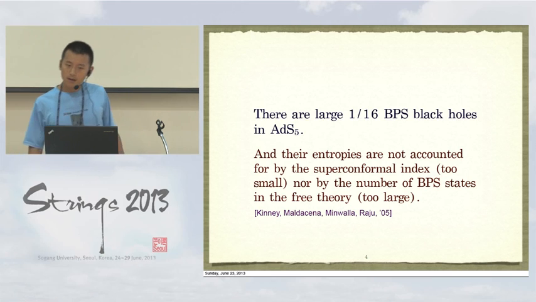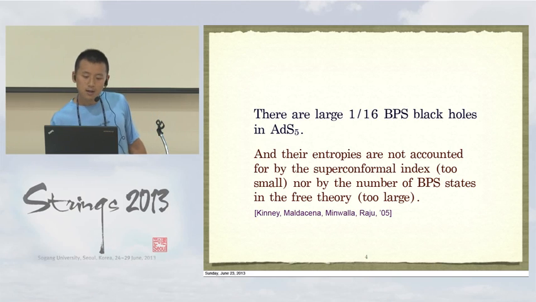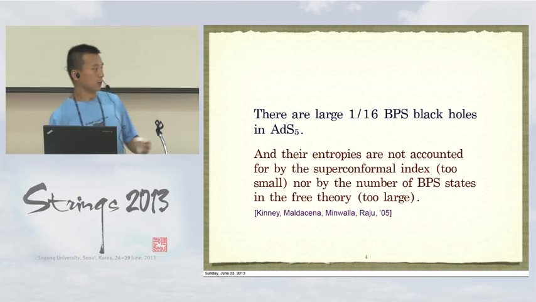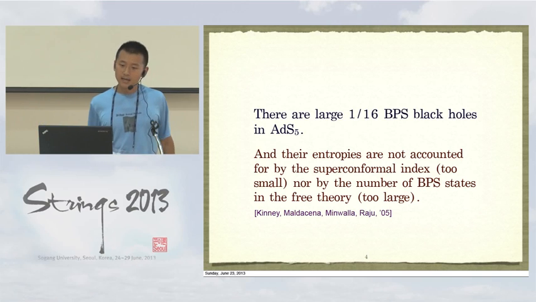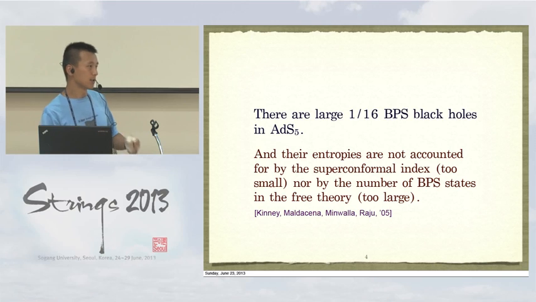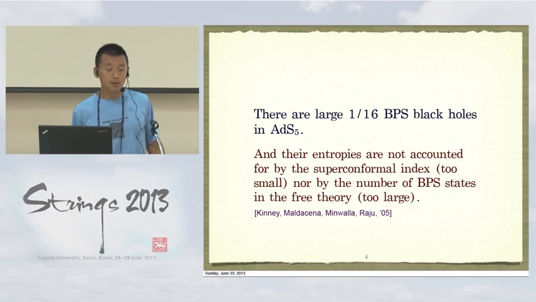In particular, it is known that the entropy of such black holes cannot be accounted for by simply computing the superconformal index of the gauge theory. If you do that, you'll get a too small answer, presumably due to the large amount of cancellation between BPS states that will contribute to the same term in the index, but with opposite fermion number.